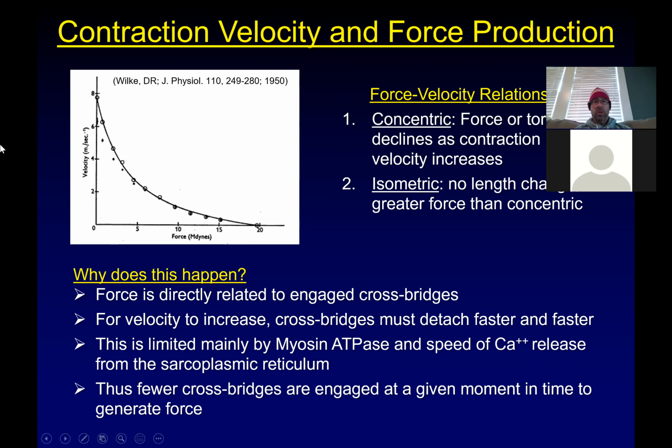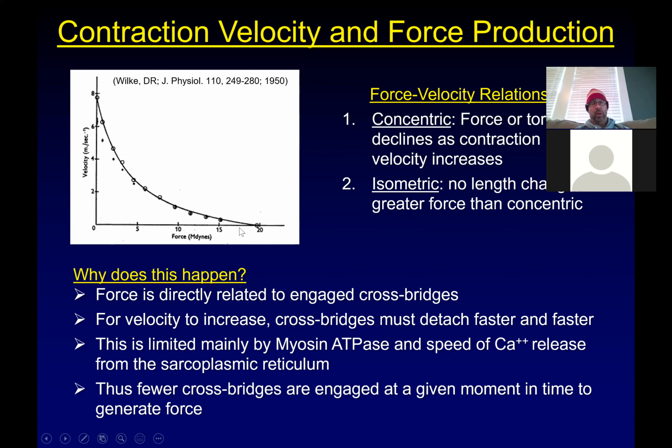Okay. If we were to look on this graph, an isometric contraction, where I'm holding something steady, or I'm pushing against something and I can't move it, and so the muscle is not actively changing length, occurs right here, okay?